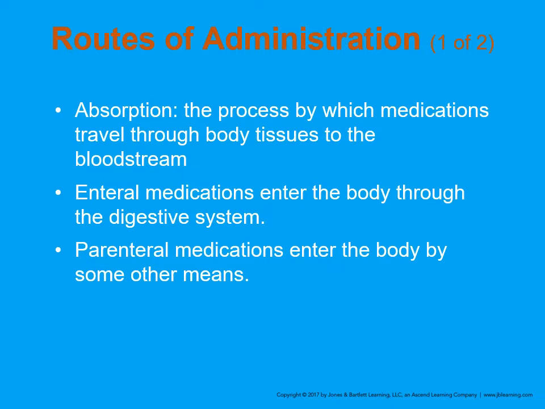Parenteral medications enter the body by some other means, often in liquid form administered through needles or syringes, and they are absorbed more quickly and offer a more predictable and measurable response. Absorption is the process by which medications travel through the body tissues to the bloodstream.